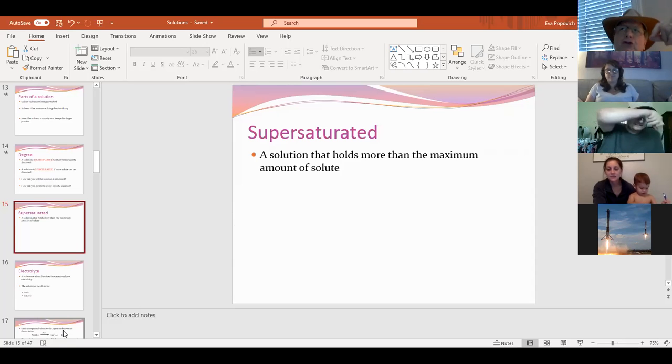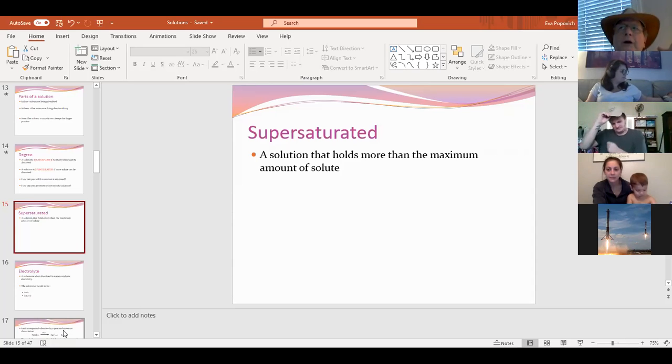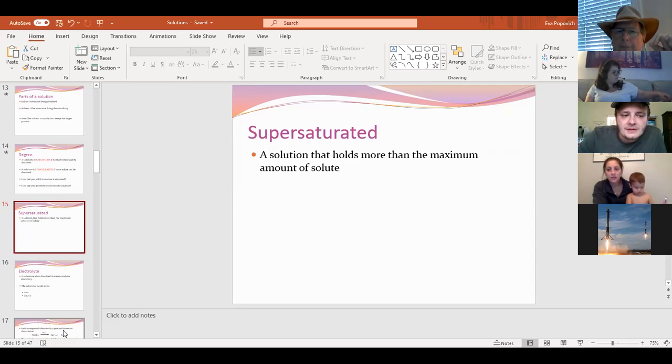You keep putting sugar in until there's so much sugar in the water that you can't put more in, and yet you're able to put a little more in because you have a perfect situation. I'll have to do this and then drop him off with grandma, because this sounds like a crazy night after that. Oh, it gets better because you put dye in there and you get different colors for the rock candy.